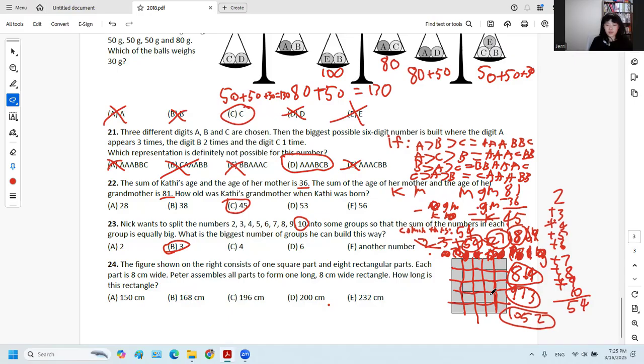And now it has become a lot of squares like the middle one. Right here, there is 1, 2, 3, 4, 5.